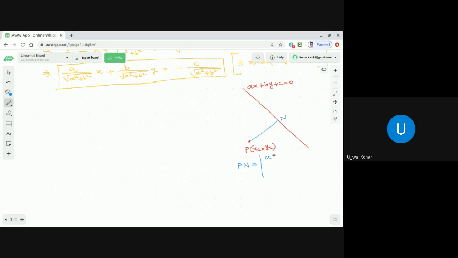Instead of x you write x1, so that is ax1, plus instead of y you write y1, that is by1, plus c, divided by square root of a square plus b square. That mod value is known as the length of the perpendicular from any arbitrary point x1 comma y1 to the straight line L. Let me show you this particular statement here.